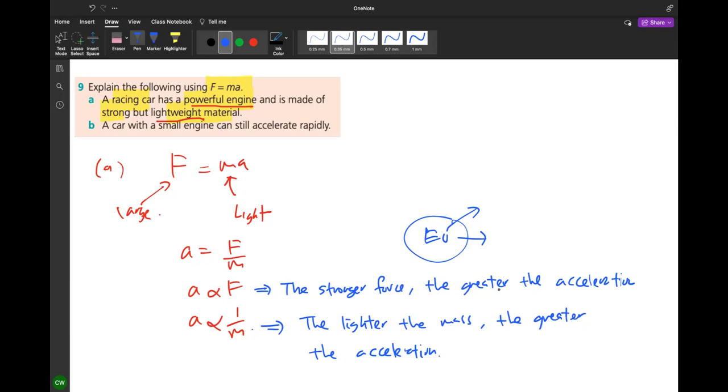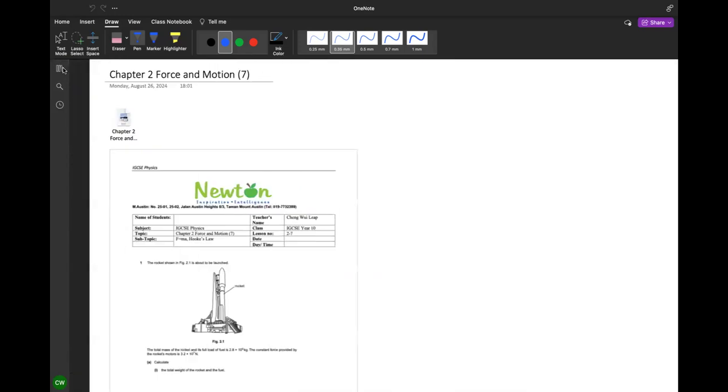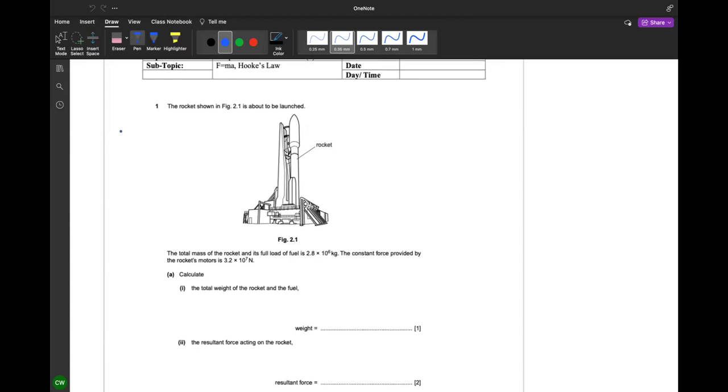OK，明白吗？这个就是它的动力的 force。力多大，它就可以加速更快, acceleration. Lighter the mass. OK, now we go to the partial question.